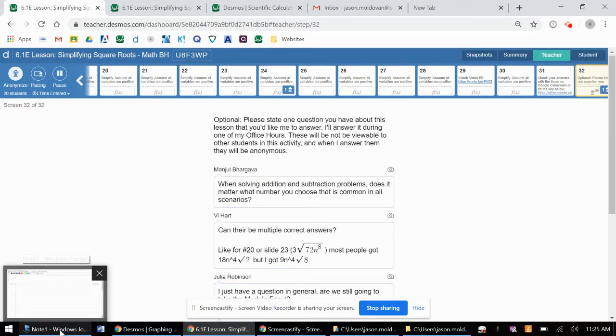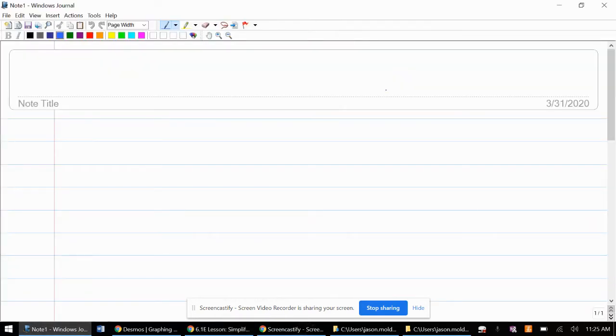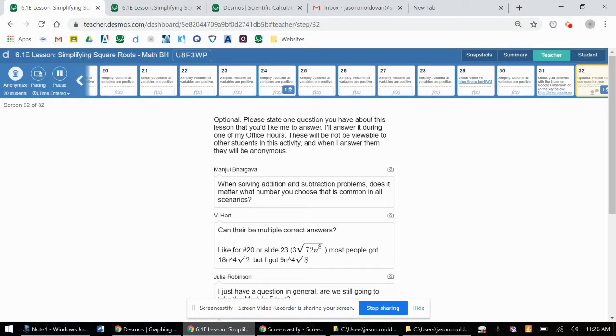And I will actually try to do this one. 3 square root 72 n to the eighth. So let's first just answer this, which is that there is only one correct answer.